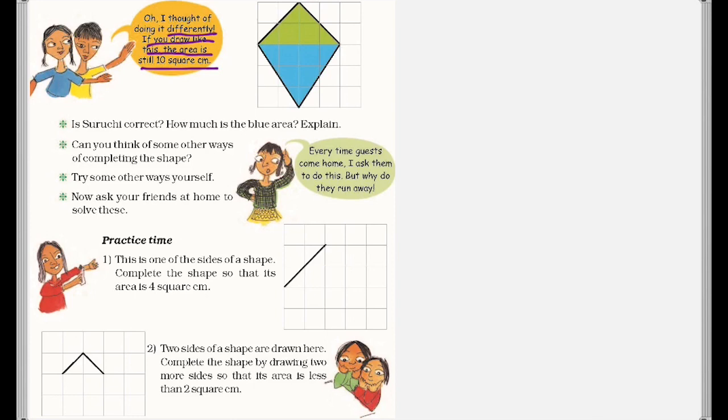So how will you calculate that? Again, you can divide this blue triangle into two, this one and this one, and then you can make rectangles and calculate the area. Okay, so just think of some other ways and try it yourself also. Now there is some practice time which you can try and perform.